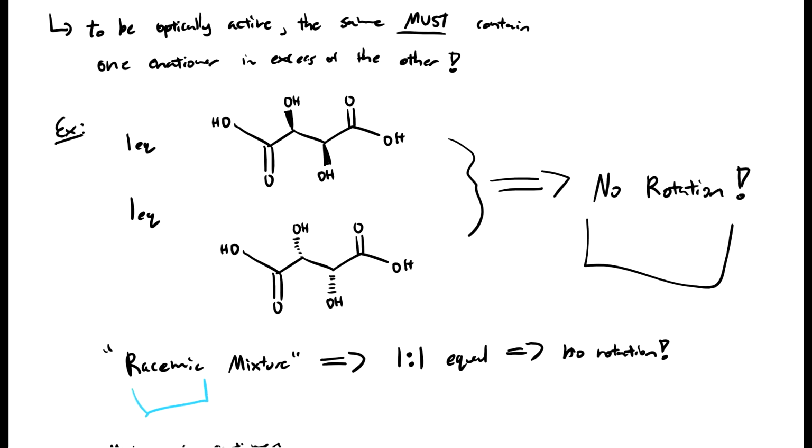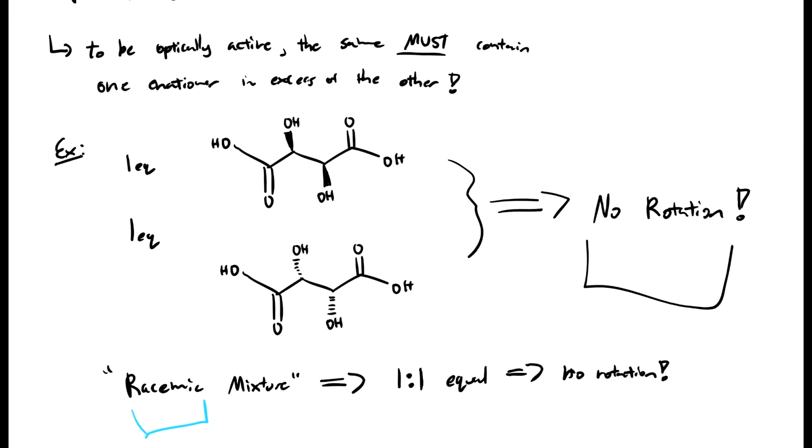But we know that chiral compounds have optical activity. So the only way you can have no rotation of light is if you have a racemic mixture of the two enantiomers, or you have an achiral compound. Achiral compounds have no optical activity. This is very important because if you synthesize a compound and want to know the type of enantiomer or stereoisomer you have, you could tell whether it's a chiral compound by rotating light.